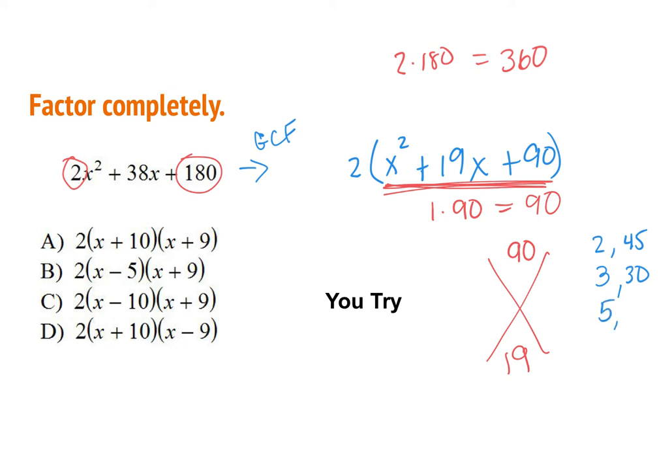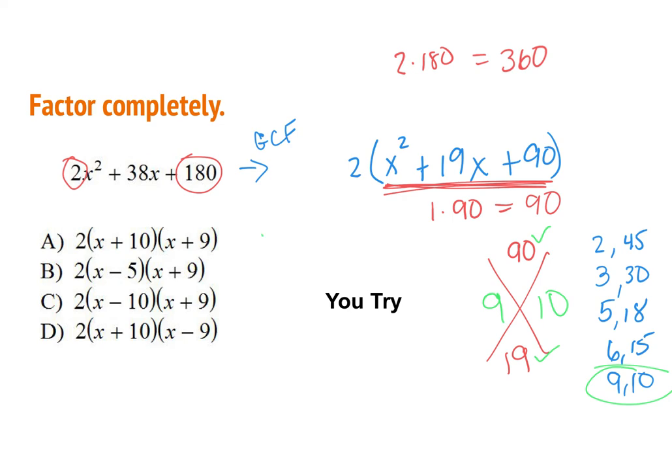So 5 and 18. 90 divided by 6 works because I get 15. 90 divided by 7 does not work. By 9, it works, and I see that that gives me 19. So 9 times 10 gives me 90. 9 plus 10 gives me 19.